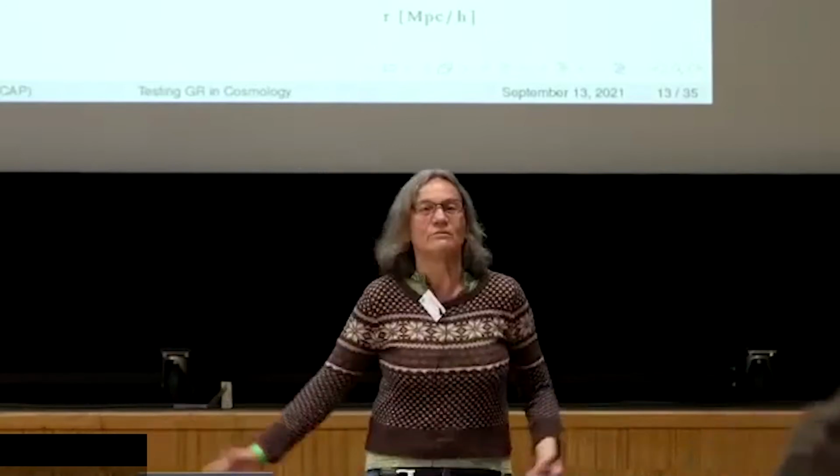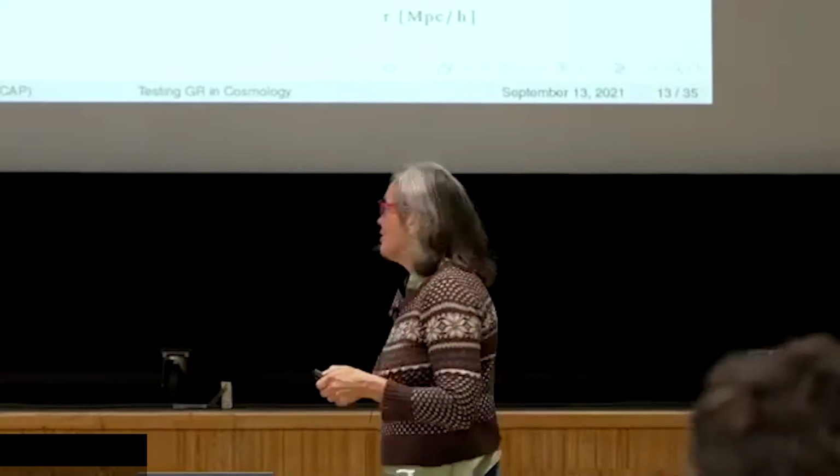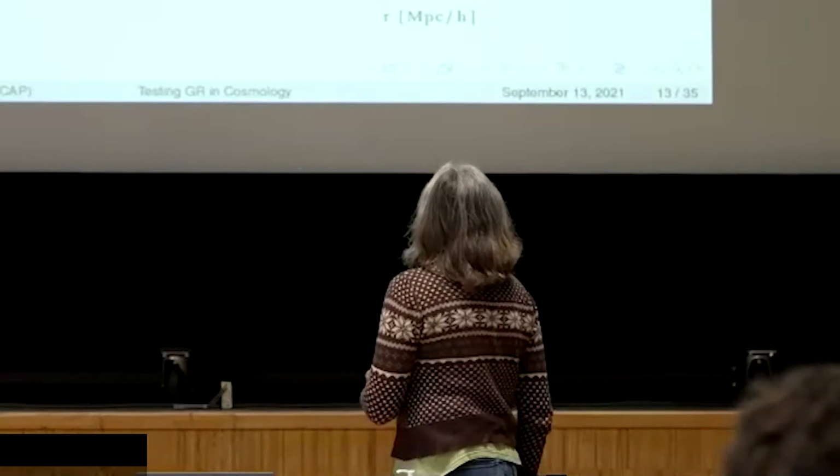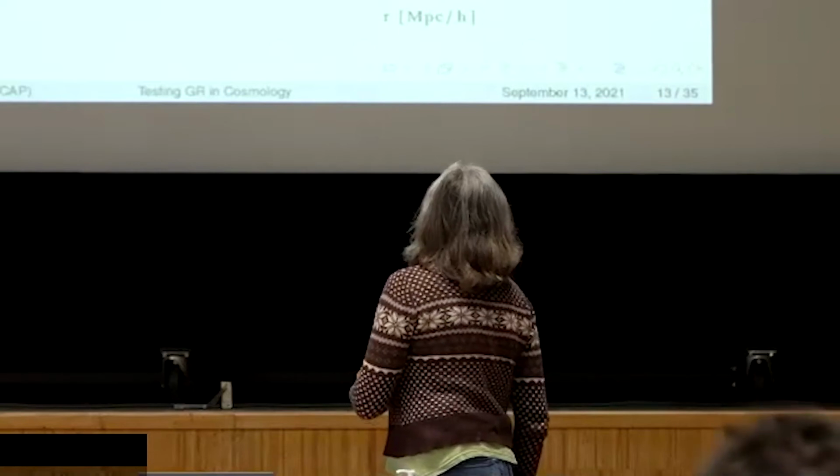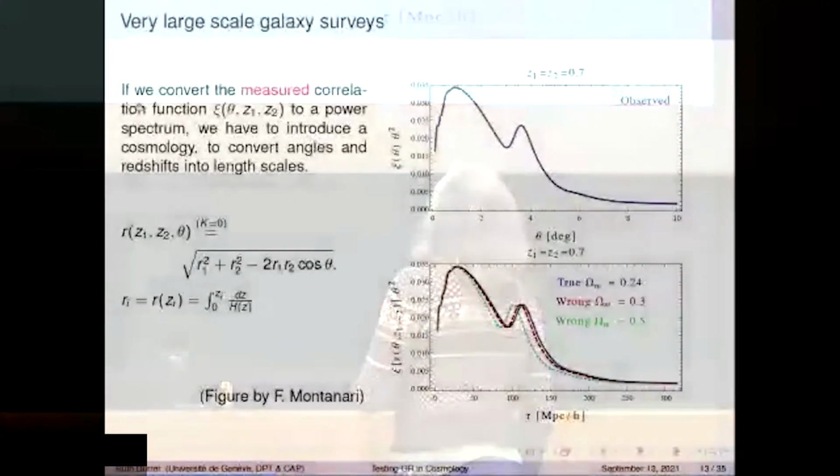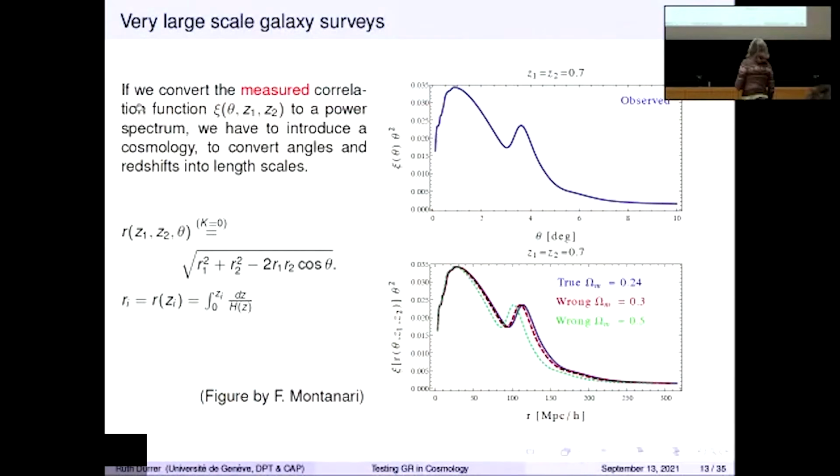And I mean, all of astronomy is a history of wrong distances because this is really the difficult thing which cannot be done. Here, for example, the correlation function as a function of angle, converted into a correlation function as a function of distance with different cosmologies. You get something different. It is scaled differently, and then correspondingly, if you Fourier transform this to get the power spectrum, it will depend on this as well.